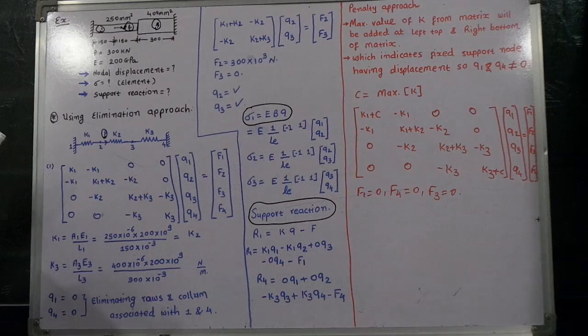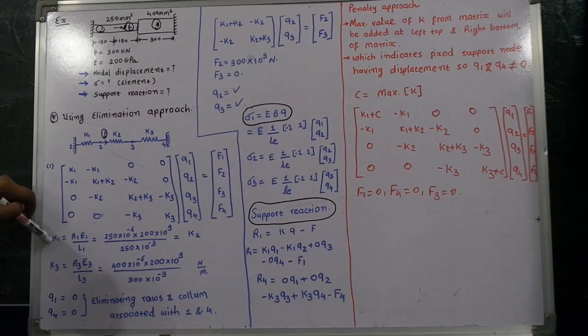Correct. So now what is the value of K1, K2, K3? To find K1, it is A1 E1 divided by L1, which was already discussed in the strain energy equation, where we found the element stiffness matrix: 1/2 Q transpose KE Q, where KE is AE divided by L times the matrix 1 minus 1, minus 1 1.